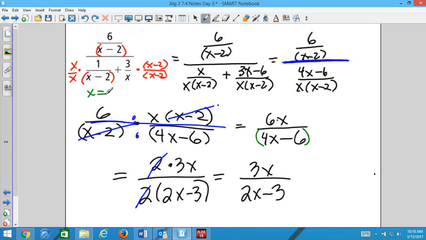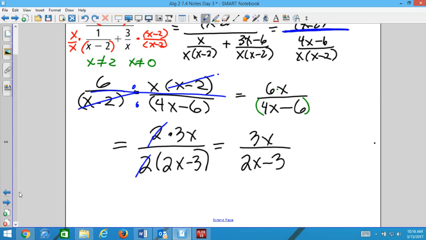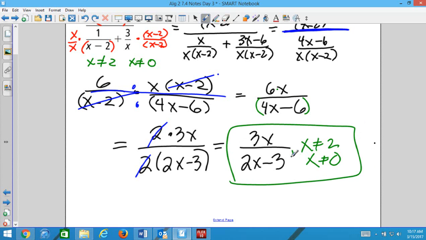X cannot equal 2, x cannot equal 0. But what about the final answer? Is 2 or 0 an exclusion here? I don't think so. So if they're not exclusions in the final answer, then it's a change and we need to include that.